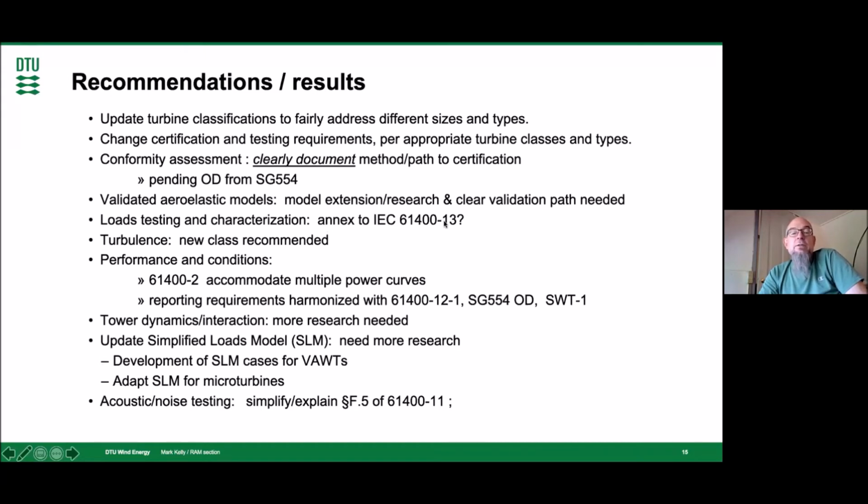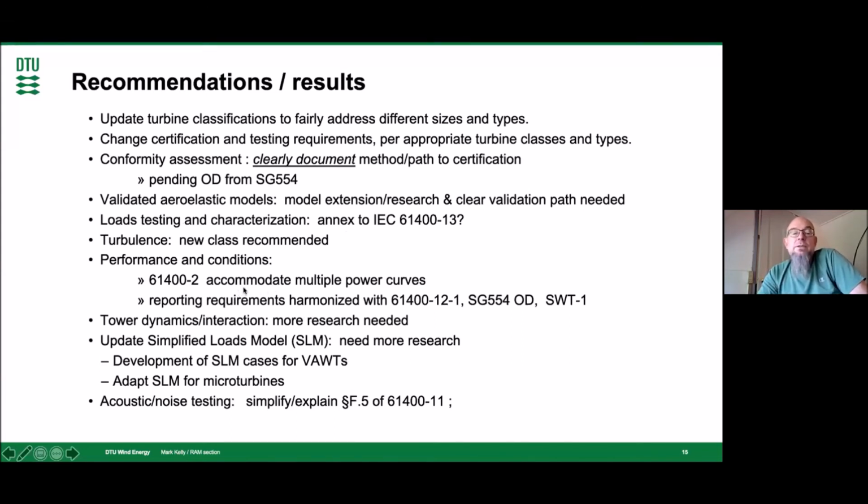The -13 can maybe have an annex added for loads testing for small turbines, at least the horizontal axis ones. A new class has been recommended going back to IEA Wind Task 27, but there's still some debate around that as well. It depends if you talk to the Japanese community versus the American community versus the European. It's hard to see if there really is still a consensus, but at any rate, some new class is likely to be recommended.